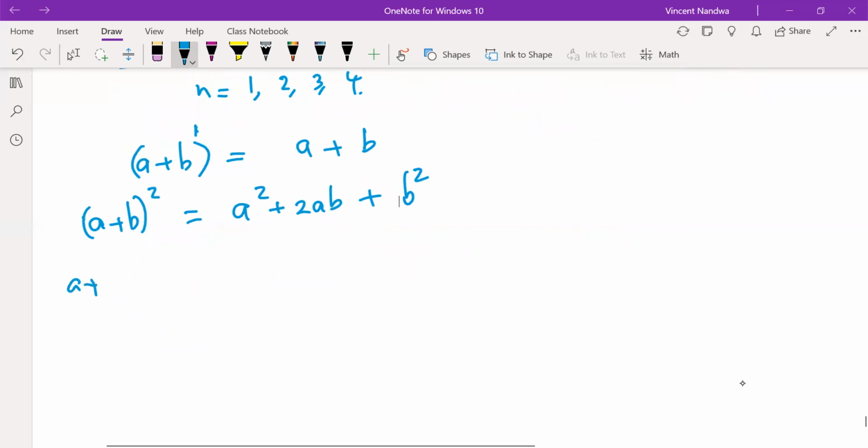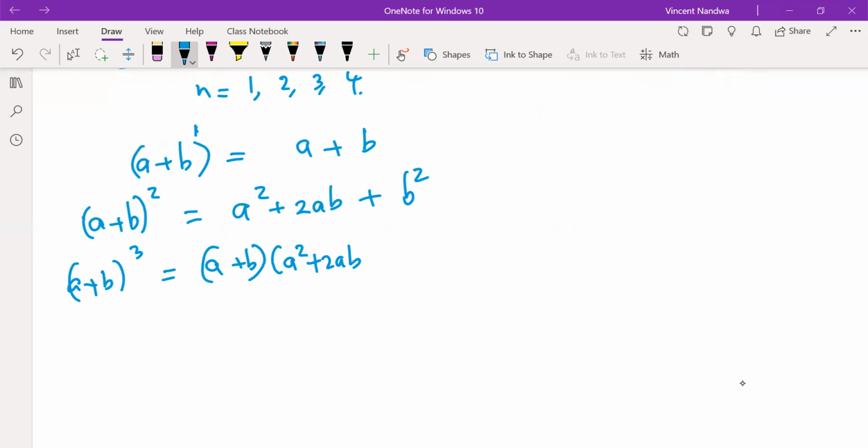Then (a + b)^3 is the same as (a + b) times (a + b)^2, which is (a + b) times (a squared plus 2ab plus b squared).